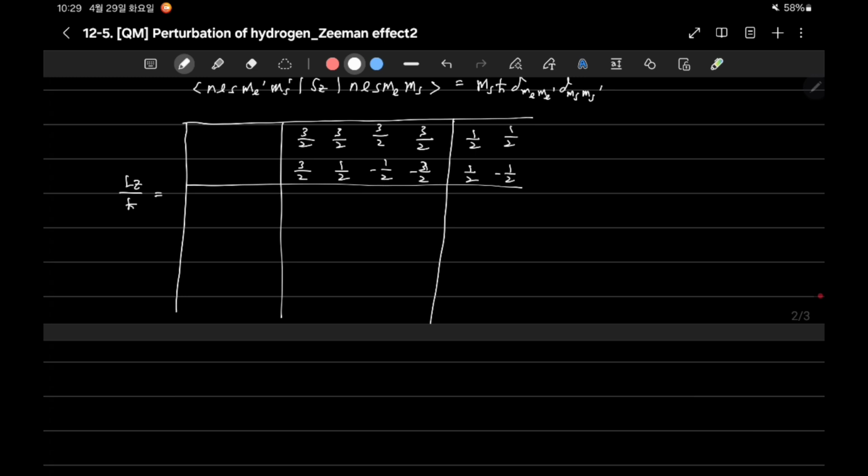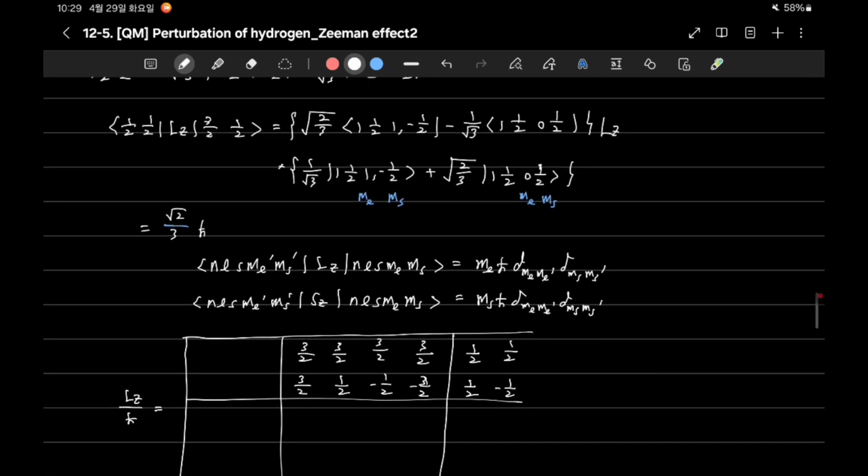Here this basis is a coupled basis for J and M_J.